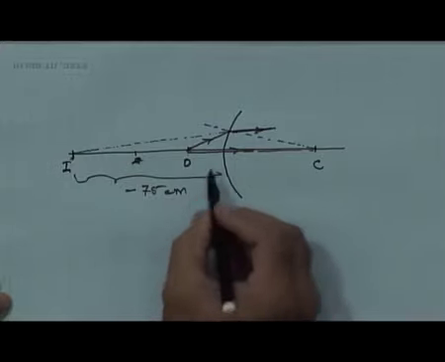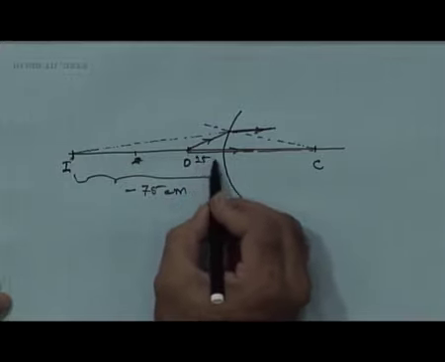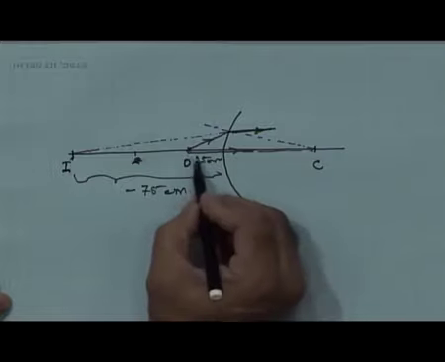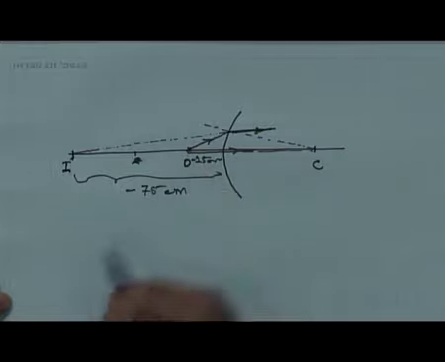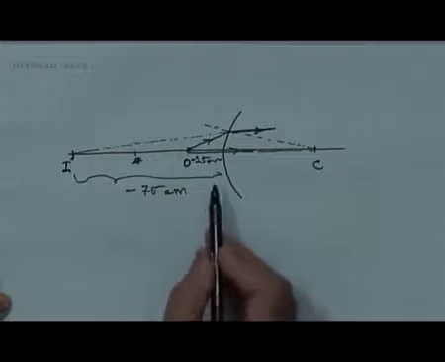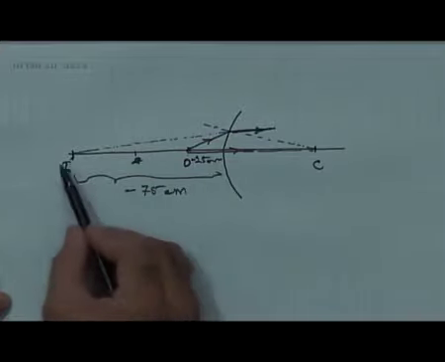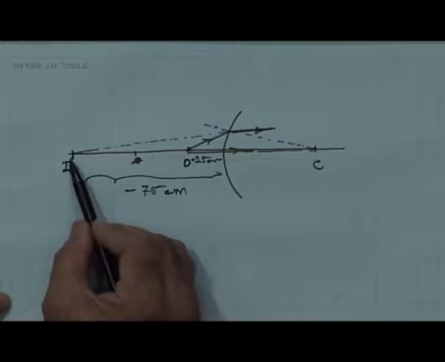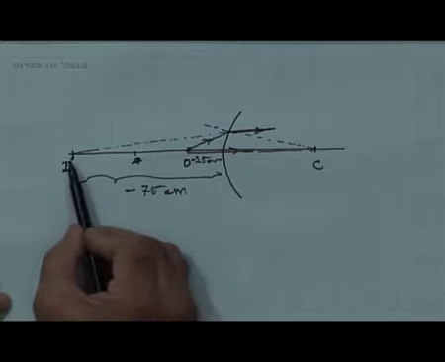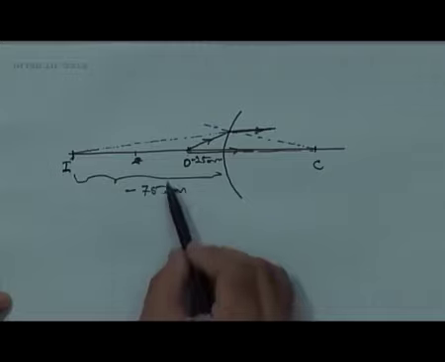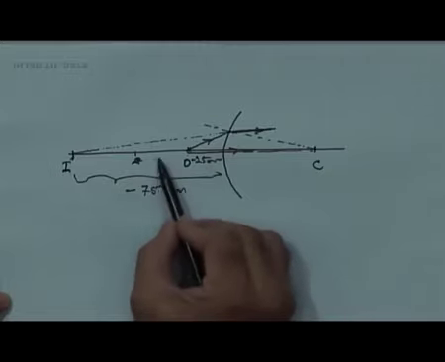For the third case, when this was 25 centimeter, which means u is minus 25 centimeter, we got the image position as minus 75, which is a virtual image formed on the same side. That is why we have this situation, because the object is closer.